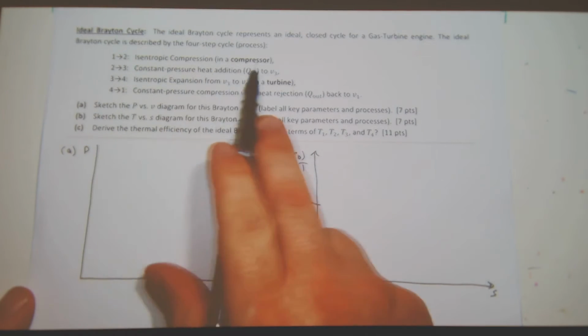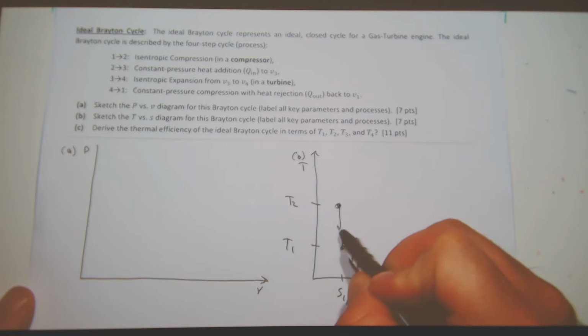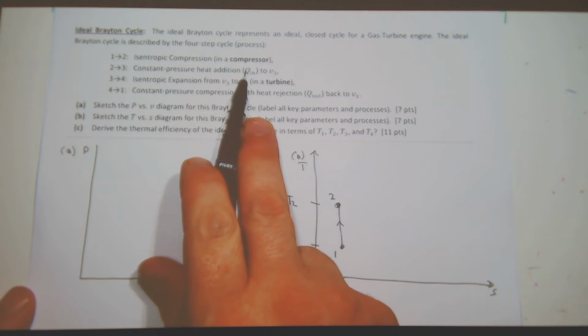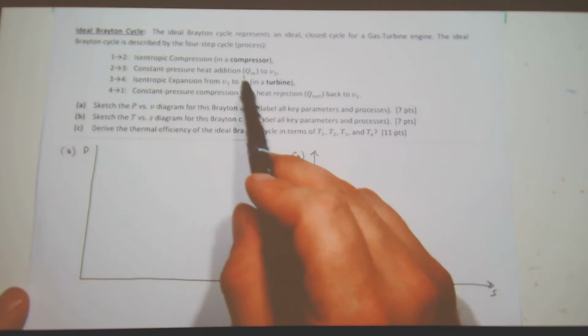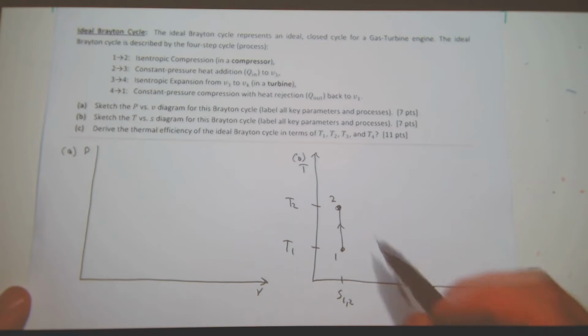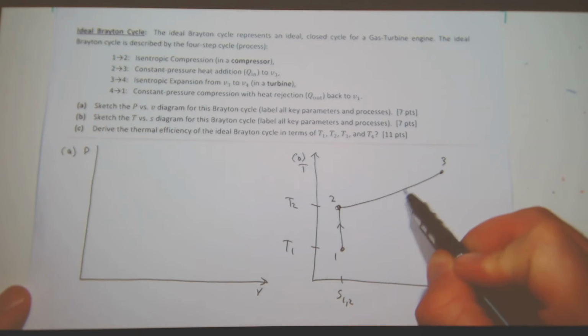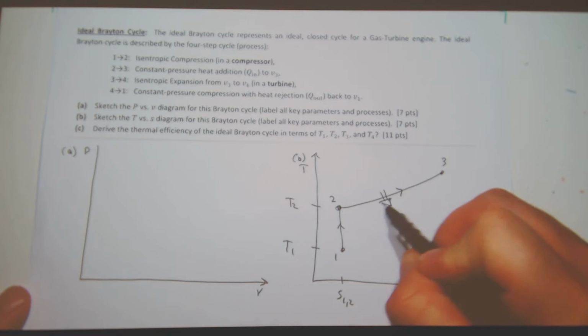And given this is isentropic compression, S2. And then I have constant pressure heat addition. So I add heat at constant pressure. I increase the entropy, I increase the temperature, and I have something that does this to 3. And then constant pressure heat addition, so I have some Q in.